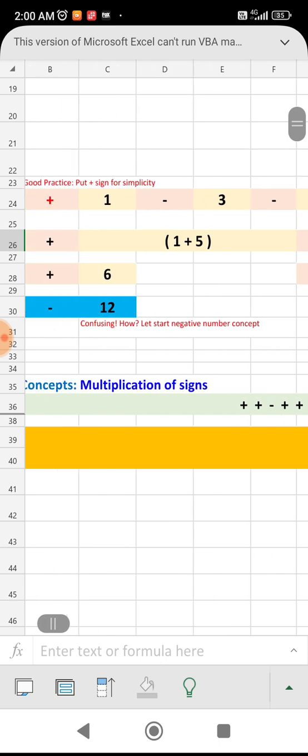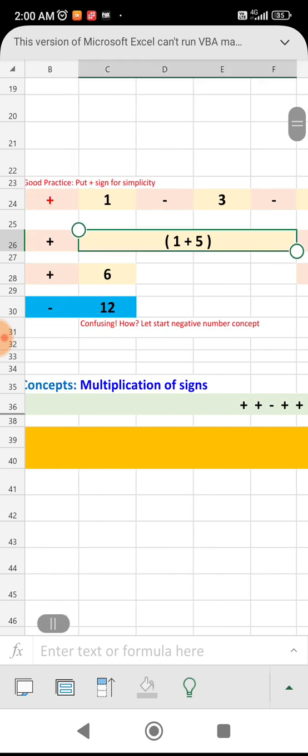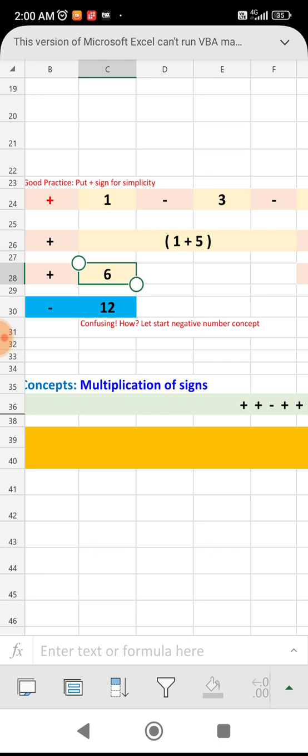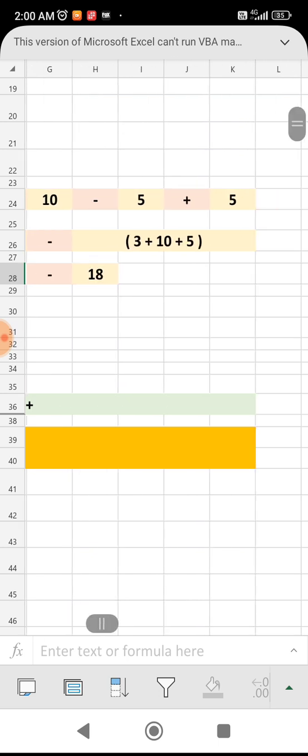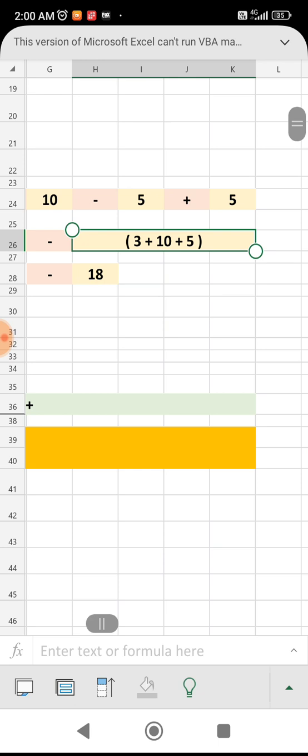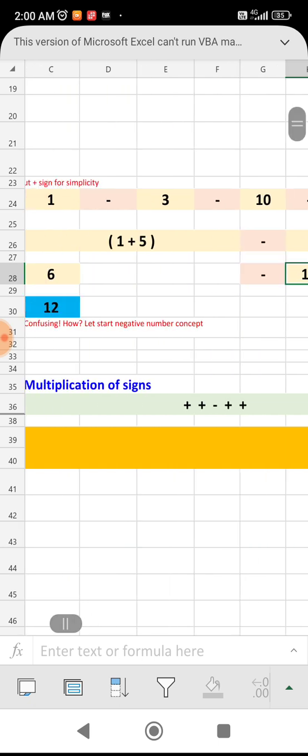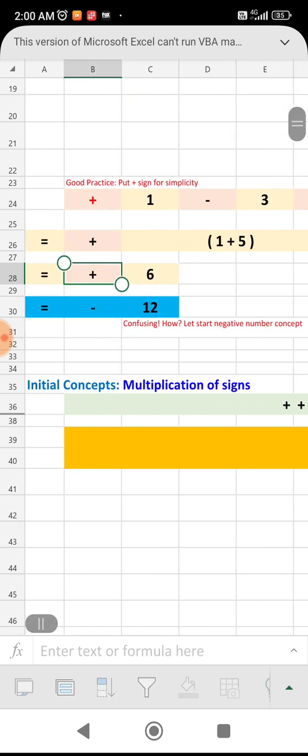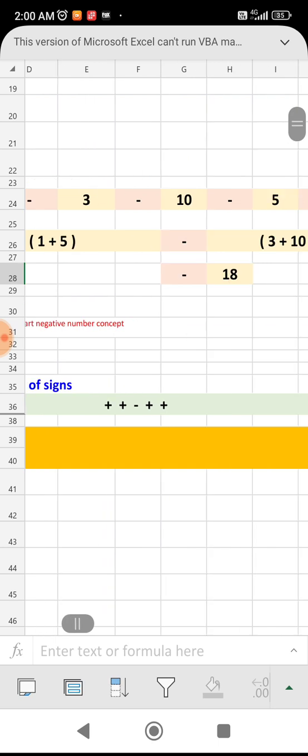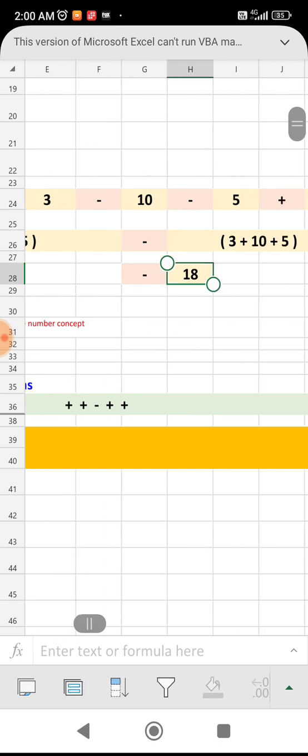Okay. So 1 and 5 means 6. If we sum, it is 6. And the sum of this group is 18. Okay. So what is the number? The number has become plus 6 minus 18.